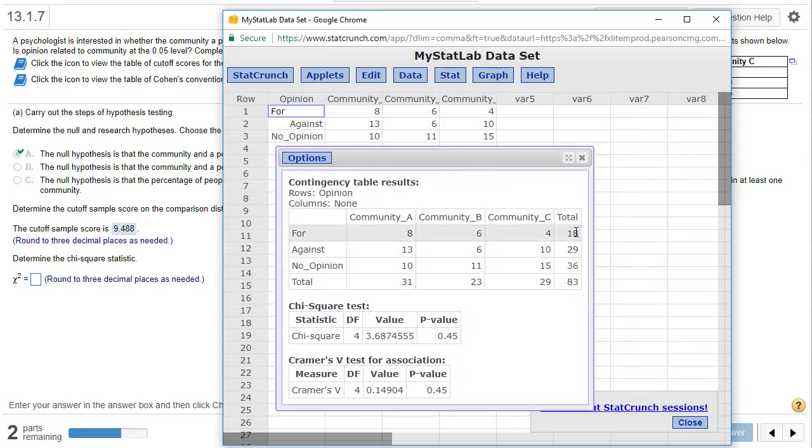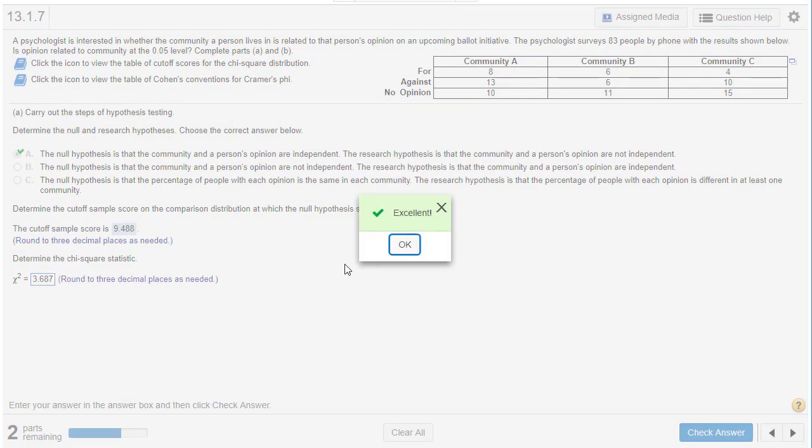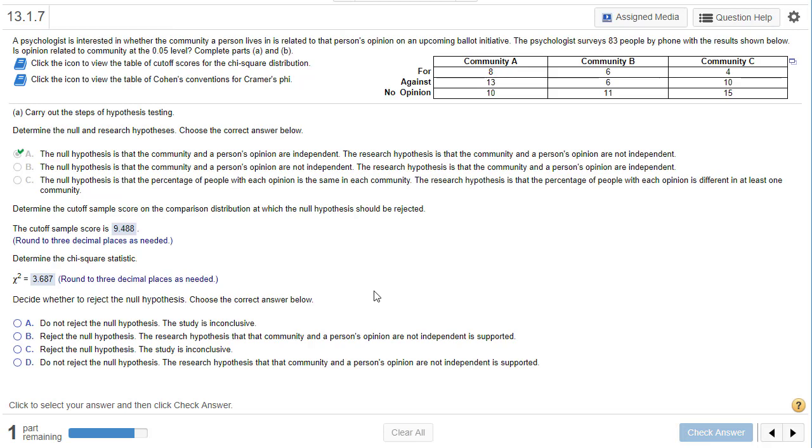Notice it went ahead and helped us out and gave us our total row and column here. Here's our chi-square test. Notice the DF is 4. Here's our chi-square statistic, in this case to 3 decimal places, 3.687. So now, are we going to reject or fail to reject? That's a pretty small chi-square test statistic.